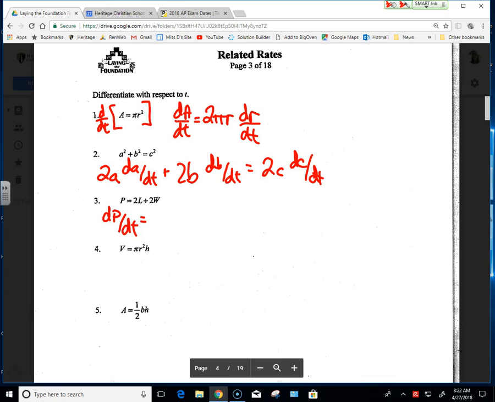So what's this guy? 2, not 2L. dL/dt, good. Plus 2 dW/dt, good. Ooh. Good. Now slow down. Do you see it?